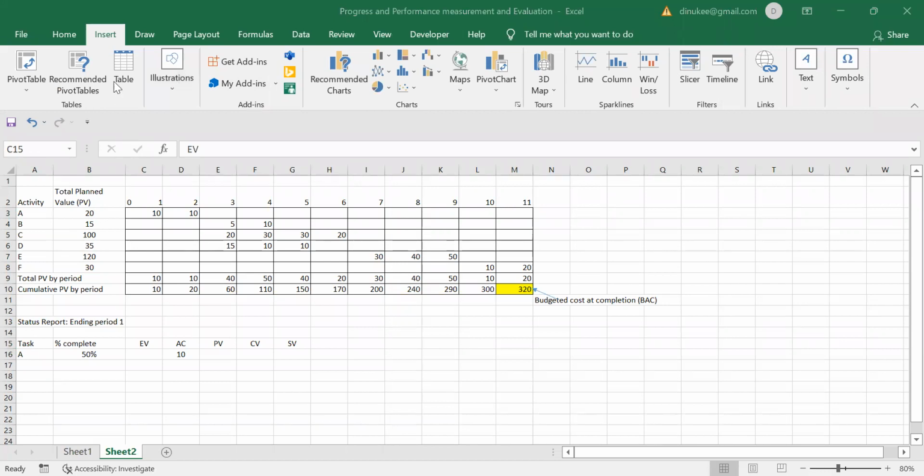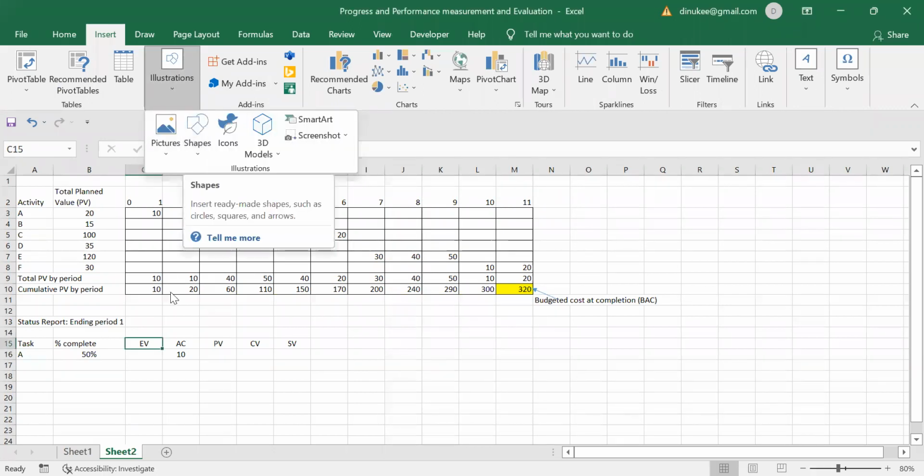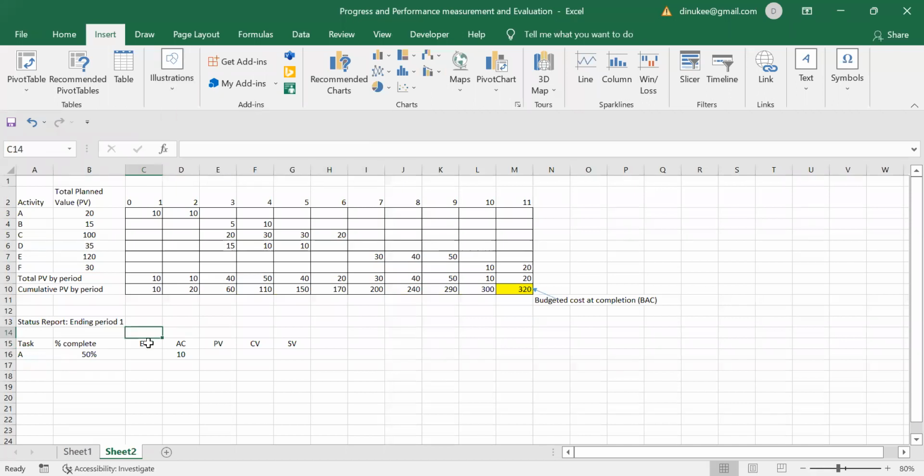Very good, 10%. So you have to remember the equation here. What is the equation? I will write it down above.